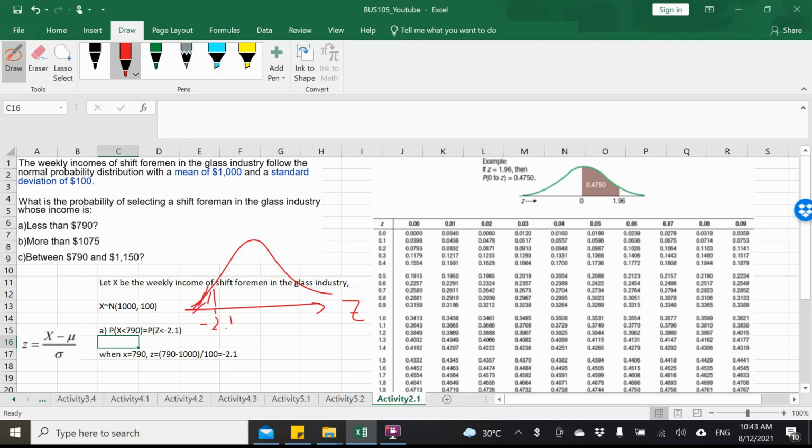So it's actually the left tail of the standard normal distribution. Then how to find the area of the left tail? Because the standard normal distribution curve is symmetric, the left tail equals the right tail.